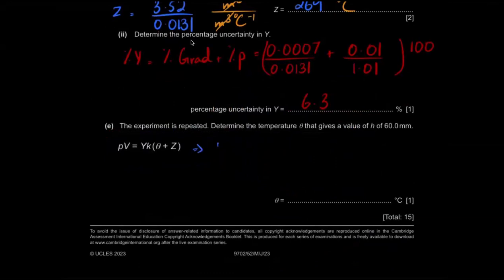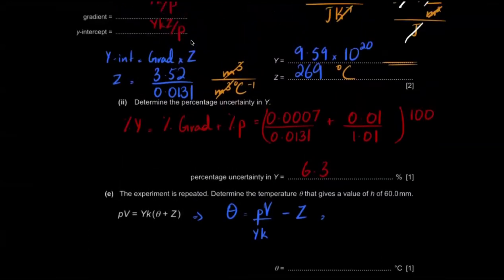So if you see here, theta would be PV over YK minus Z. This is all the working that you need to show. Once you have written this, you just go on to do this in terms of the values, and then you give your final answer.